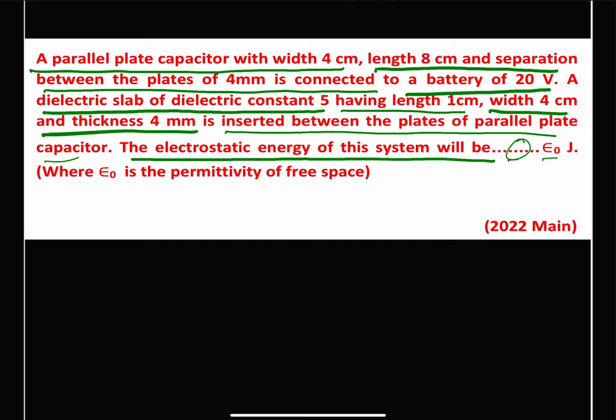And here we are given that initially we have a capacitor. We are given that the width of parallel plate capacitor is 4 centimeter.